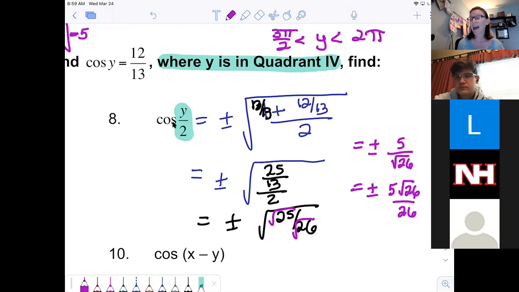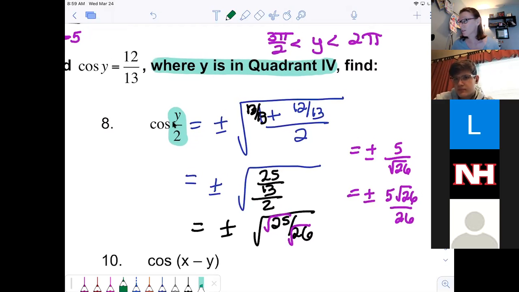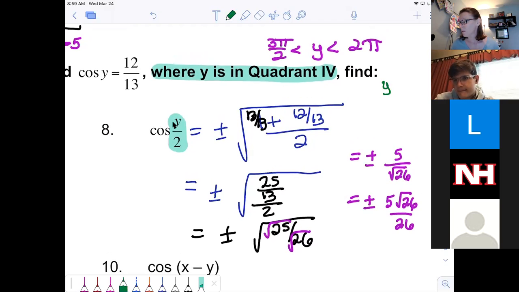However, you want the half angle. So that means I want y over 2. So if I cut all of this in half, now I have it being less than pi. And if I cut this in half, it's really multiplying by a half, I have it being greater than 3 pi over 4.